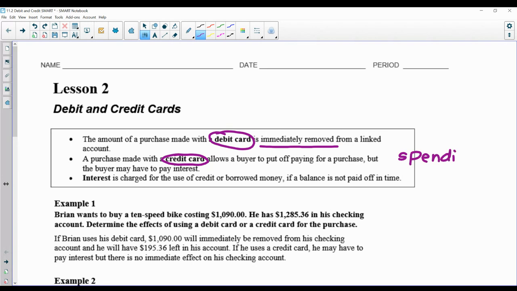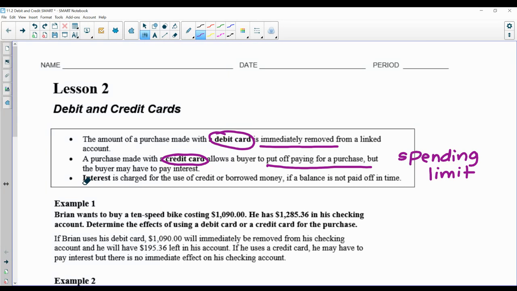They tell you, for example, you only have $800 on this credit card. You can buy something for $800 and pay for it later. So you can put off paying for a purchase, but on this credit card, you might have to pay interest.